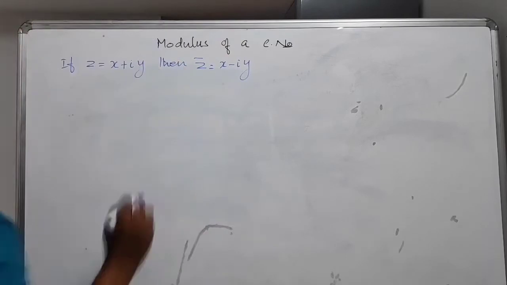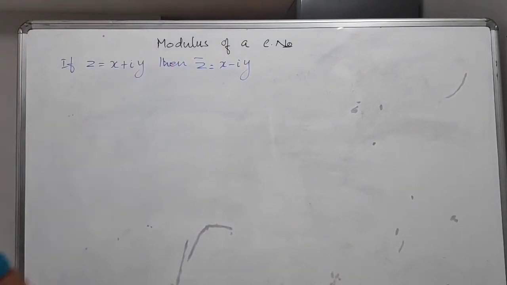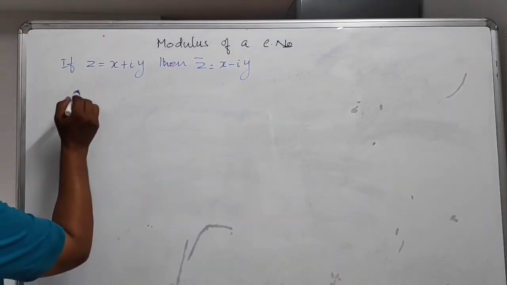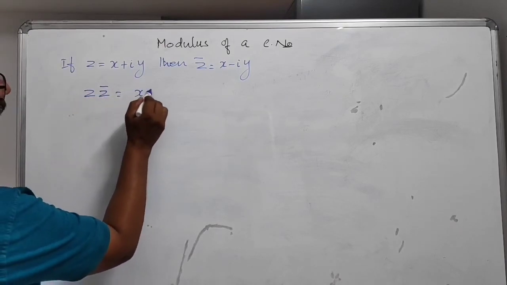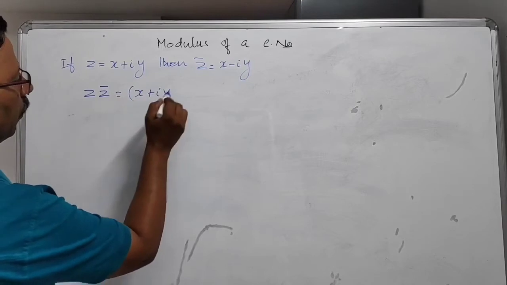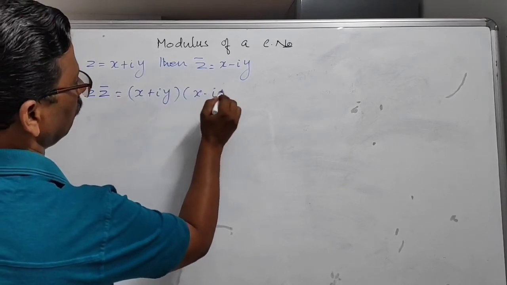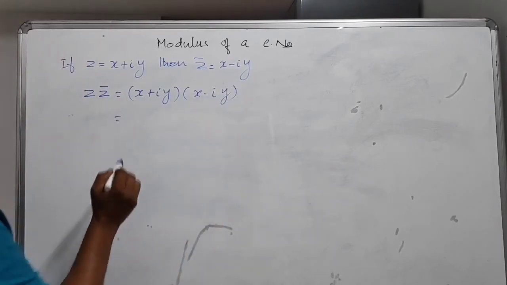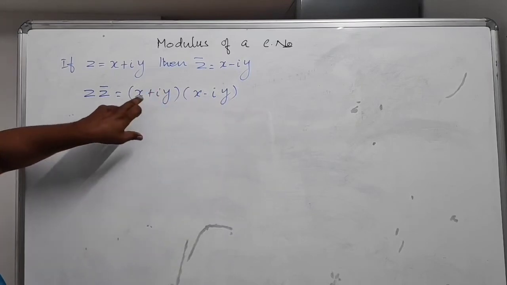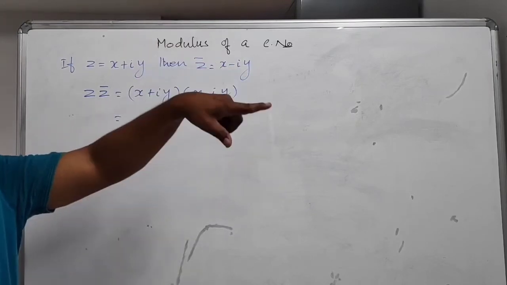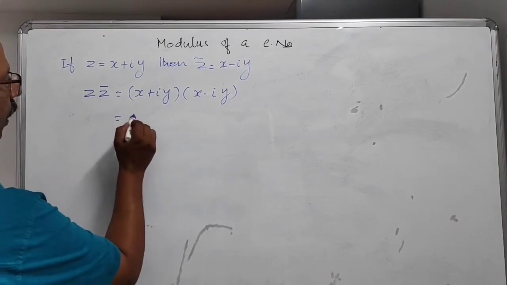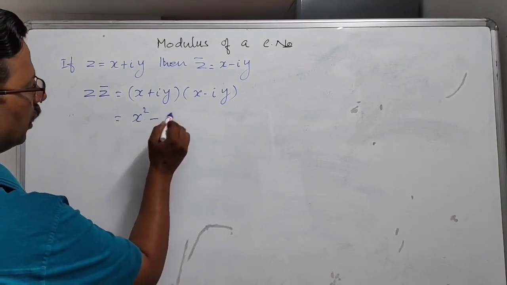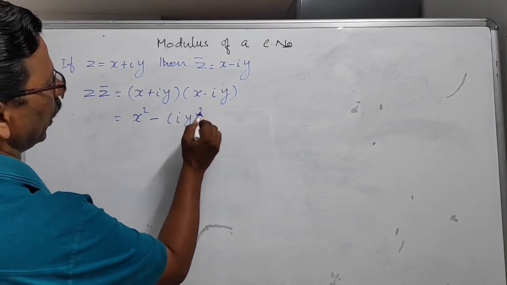Now we know very well z into z bar equals x plus iy into x minus iy. This is of the form a plus b into a minus b, which is equal to a square minus b square. A square means x square, minus b square means iy the whole square.